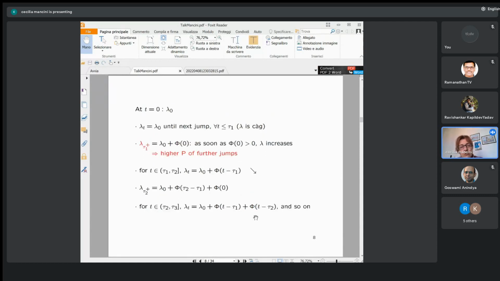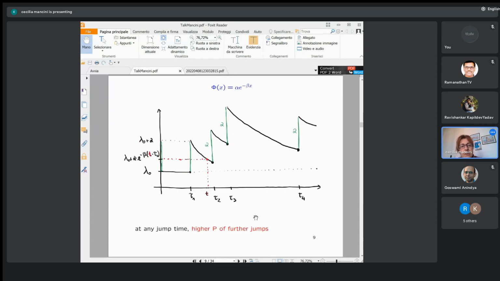Then our specification in this paper is that phi is an exponential function: alpha, which is the jump of lambda each time a jump in n occurs, times exponential of minus beta x. So these decreasing parts are exponentially decreasing. Okay, yes, thank you. Got it.